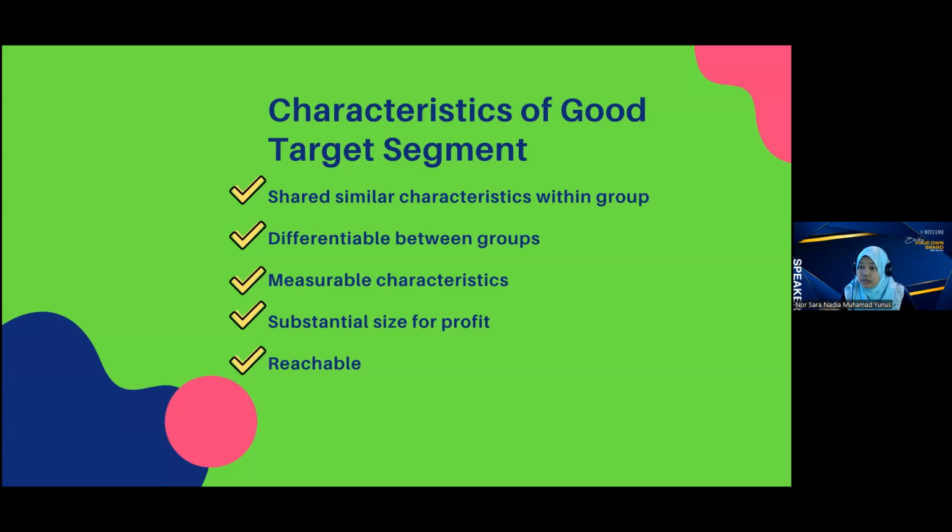But between groups we can differentiate, meaning one group to another group, their characteristics are totally different externally. Internally the people in that segment share similar characteristics, but externally between groups there must be an element of differentiation whereby we can differentiate one group from another.